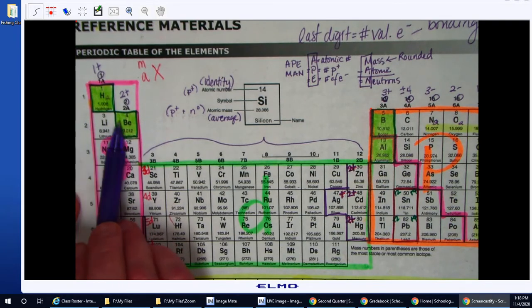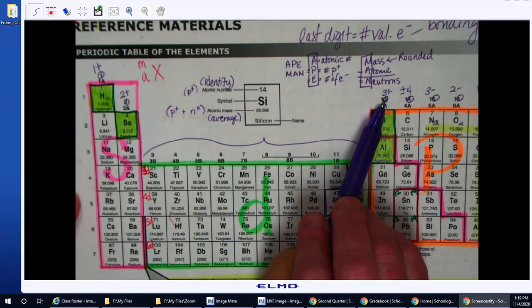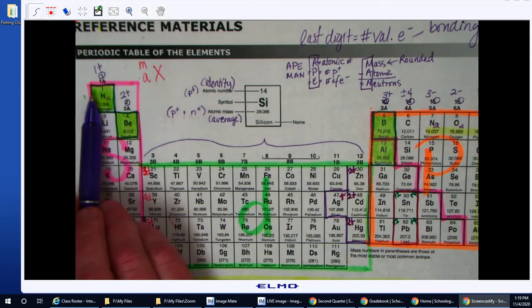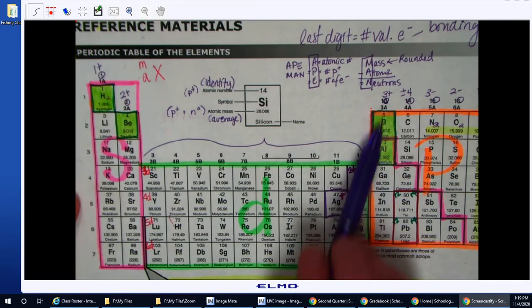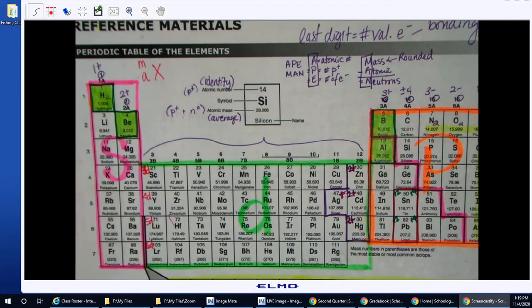It has 2 valence electrons, not 2 electrons, but 2 valence electrons. It has 2. It needs 4, double it. Boron and aluminum, they're in group 13. I look at the last digit, that's 3 valence electrons. And so double that. Boron and aluminum need 6. So it's 2, 4, 6, and everything else is going to be based on 8.